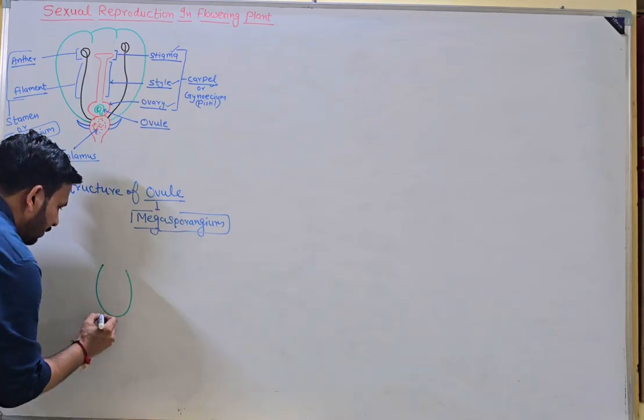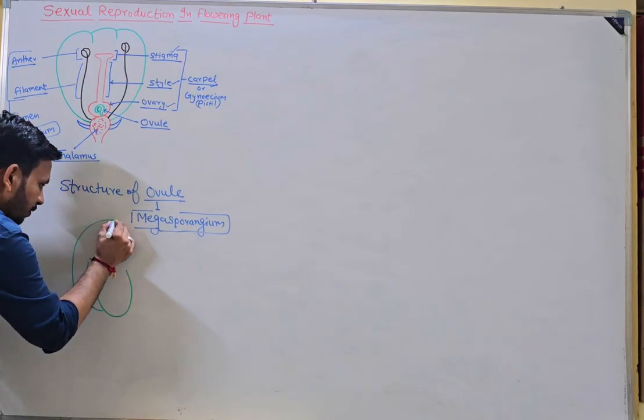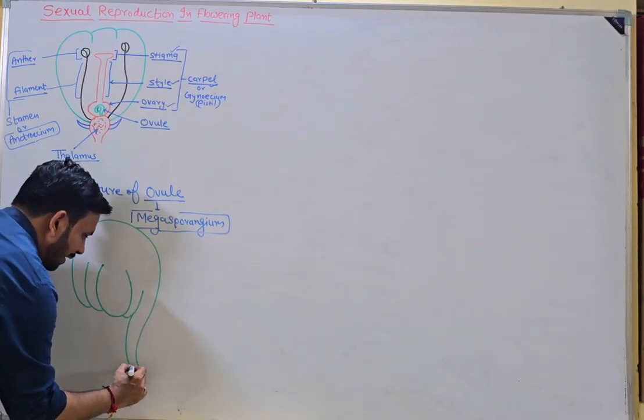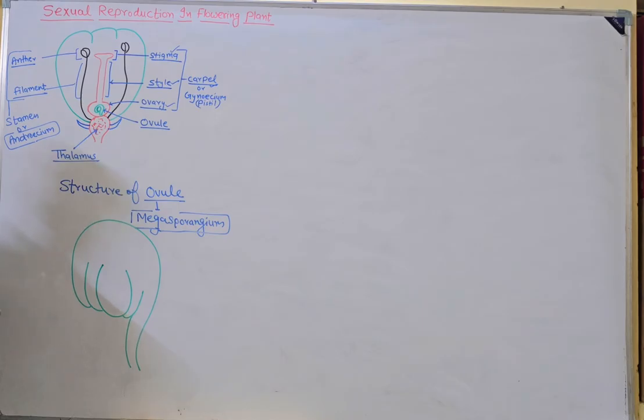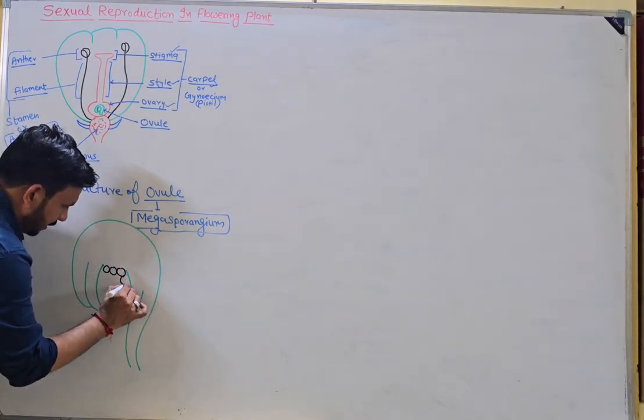Here you can see the parts of the ovule. I will label all the parts here. Listen. Here a group of cells, a tissue, is there.